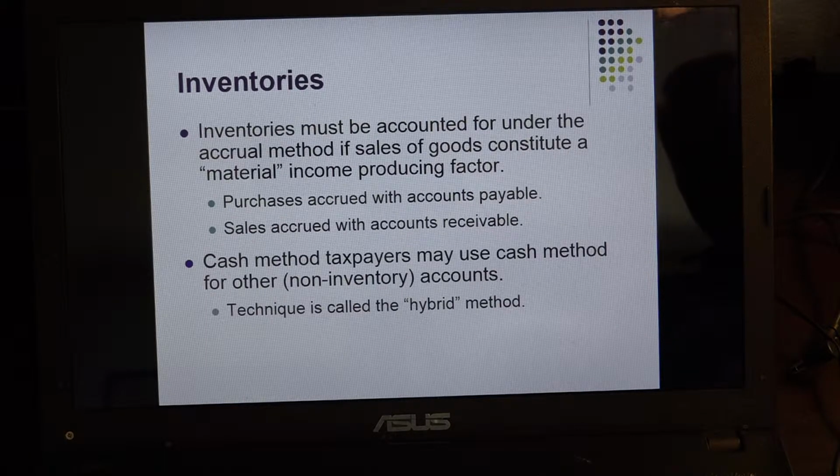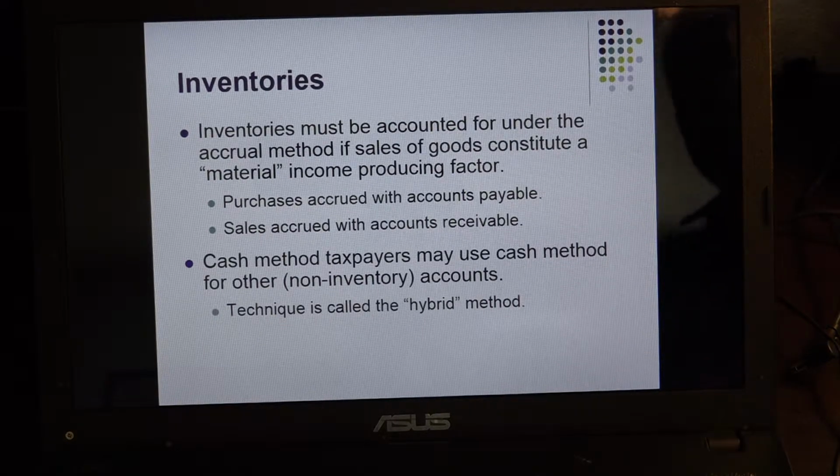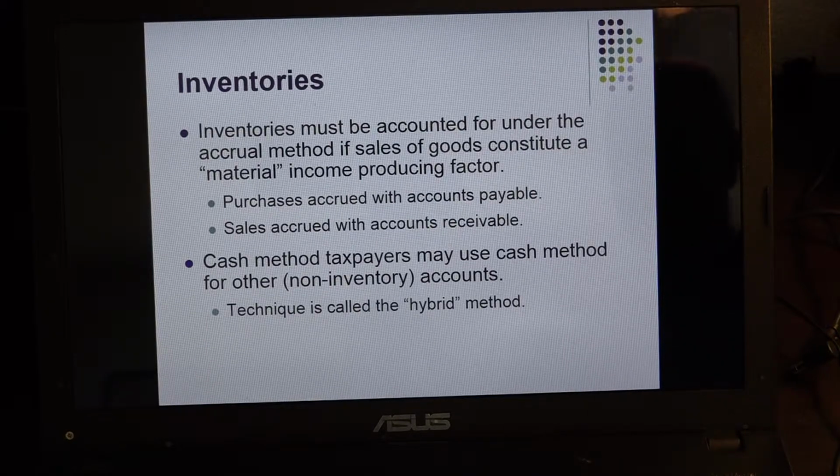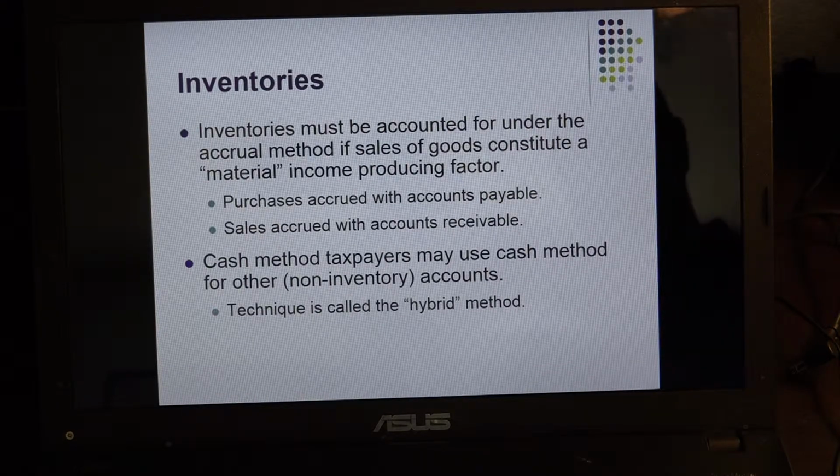Unless you've got just really an inconsequential amount of inventory, it's going to constitute a material income producing factor. And so purchases are accrued when an accounts payable is created, and sales are going to be accrued when a receivable is created.